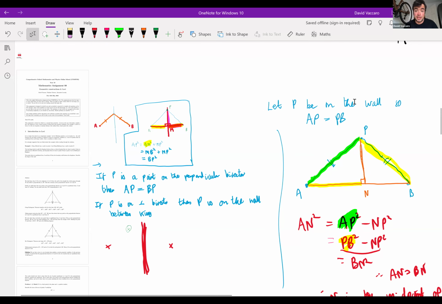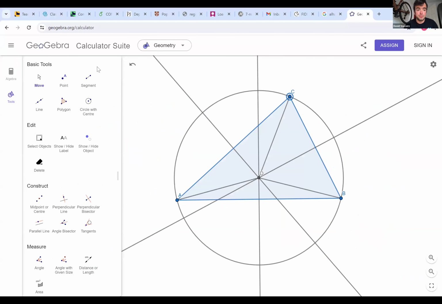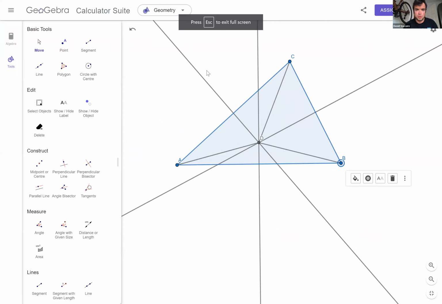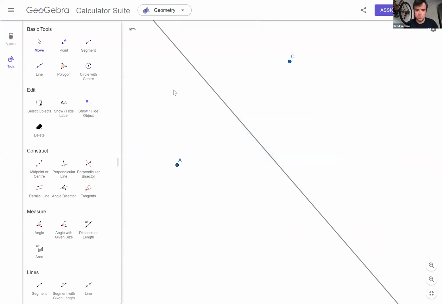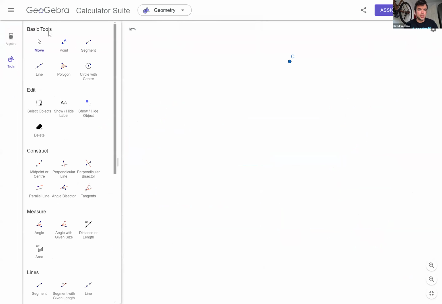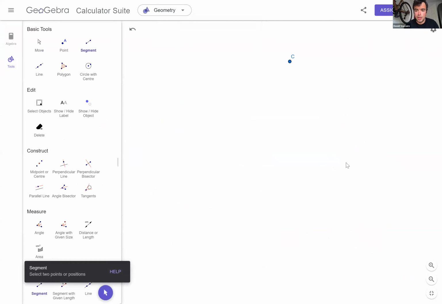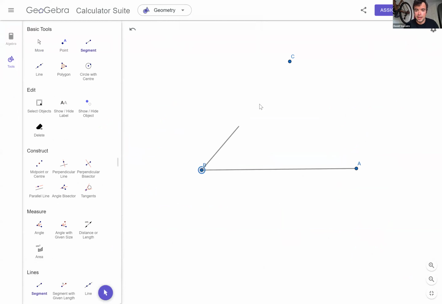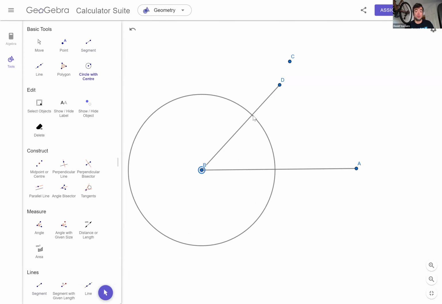And so if I just go back to GeoGebra, if I just start again, okay, if I'm given an angle, any old angle, I can start off by creating an isosceles triangle just by drawing any circle.